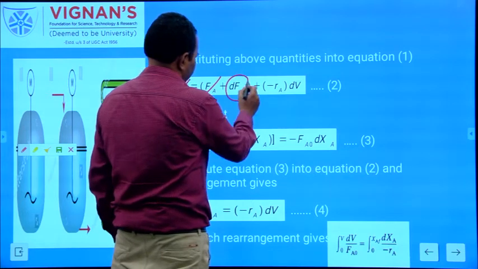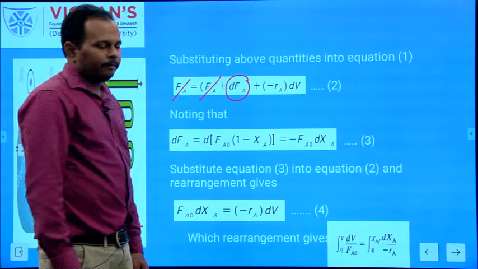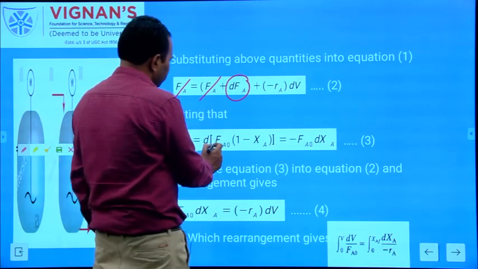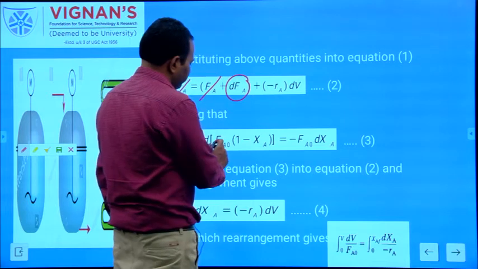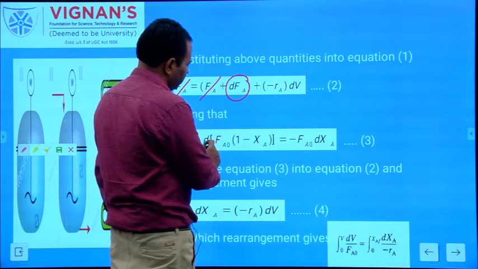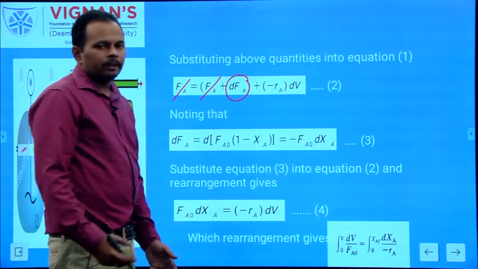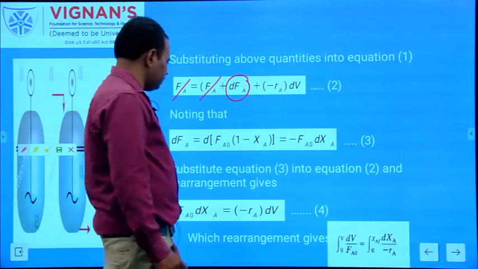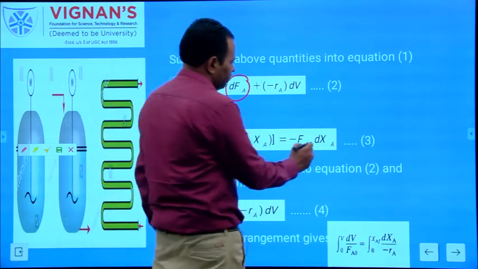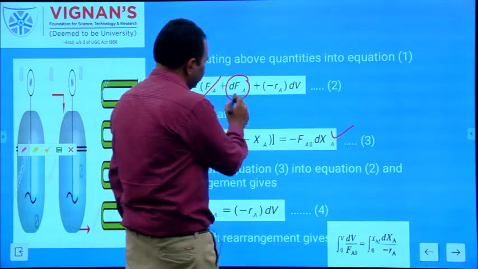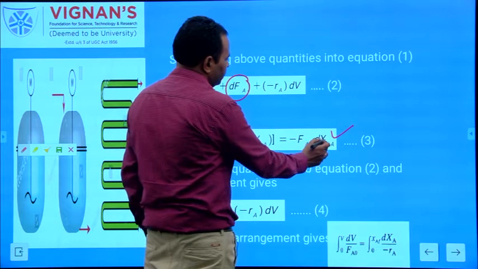First consider the differential of FA. FA is equal to FA naught into 1 minus XA. Expand this: FA naught into 1 is FA naught. d of FA naught is 0 since FA naught is constant. Minus, again FA naught is constant, take it out of the differential, minus FA naught into dXA. So in place of dFA write minus FA naught into dXA.